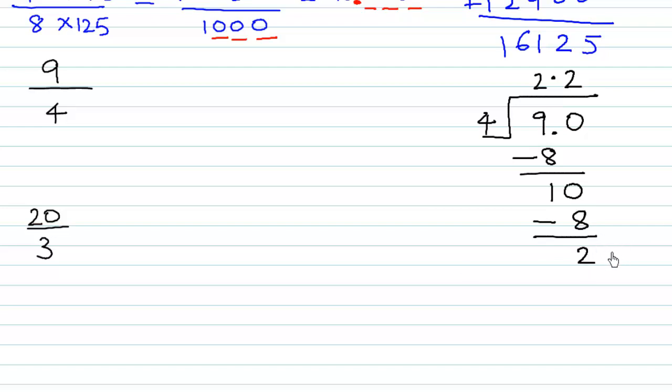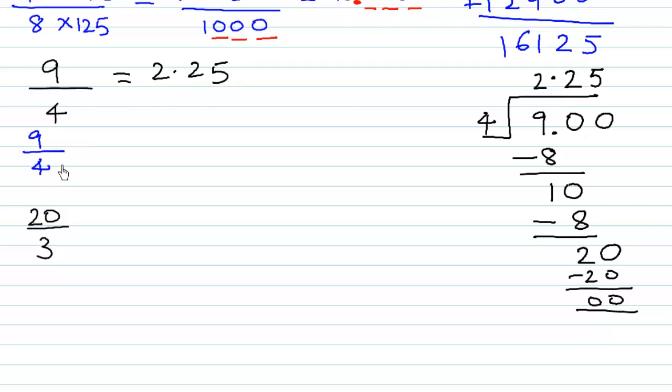We can again put a 0 at one time. Again, why? Because 9 can be understood as 9.00 also. Now we bring down this 0, and then 4 5s are 20. So the answer is 2.25.